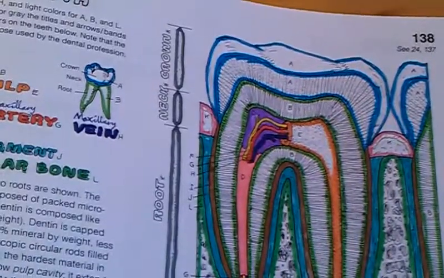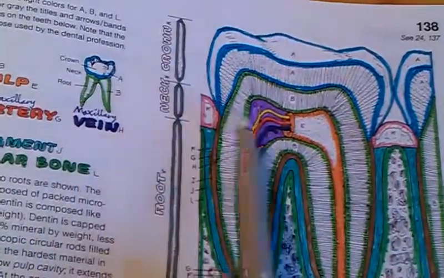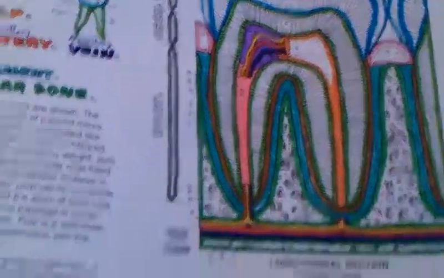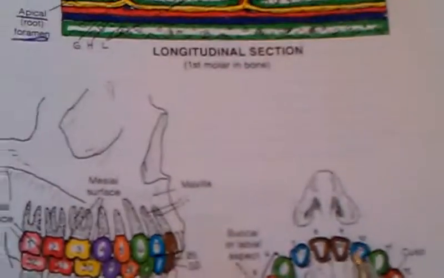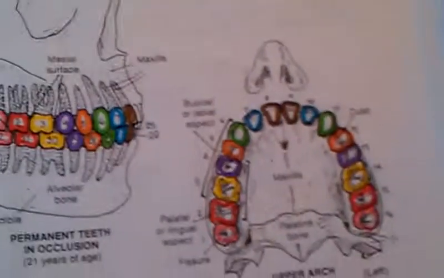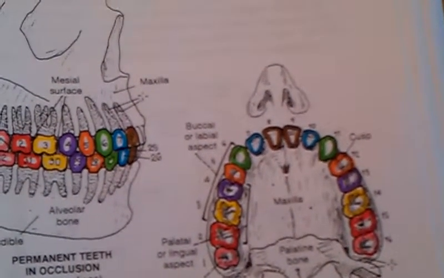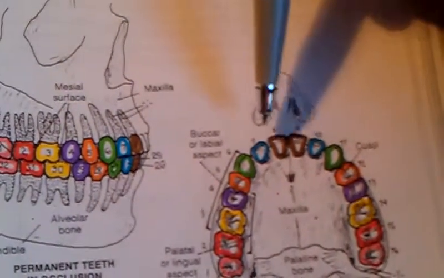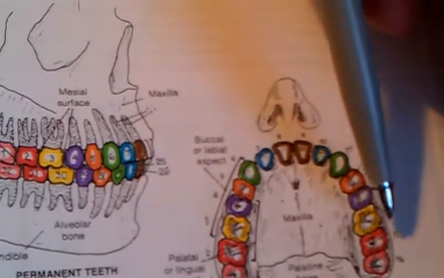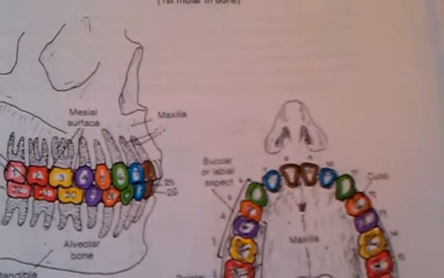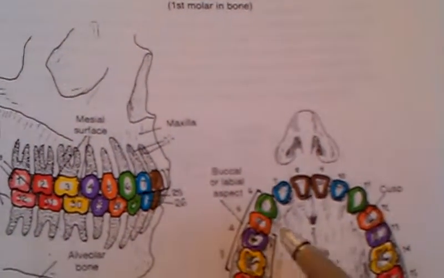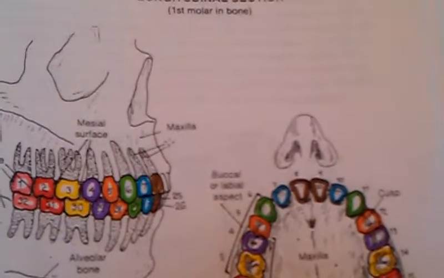Now the crown of the tooth has 5 surfaces. You have the labial or buccal surface, which is directed towards the vestibule, so it's the outside. You have palatal or lingual, which is directed towards the oral cavity proper.